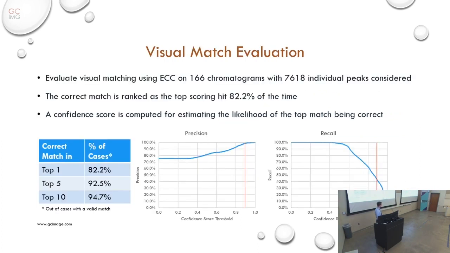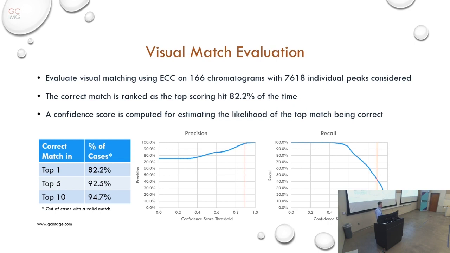And so we would like to evaluate the performance of this ECC metric in identifying the correct match. So we took 166 different chromatograms with 7,600 individual peaks, which we manually matched between the reference and the sample. And we computed the ECC metric on each of the peaks to be considered between those peaks and any potential candidate matches.